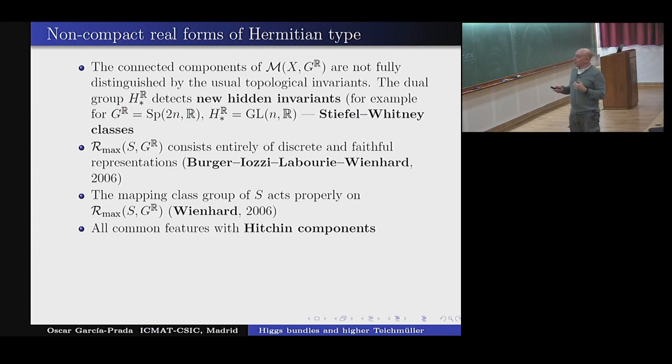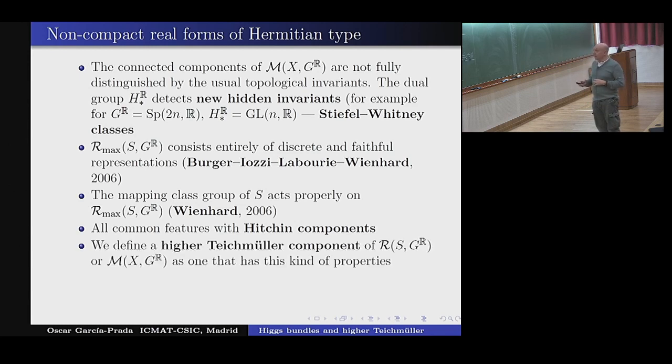And also another important property that is shared with the Hitchin components is that the mapping class group acts properly on this, right? Like in the case of the usual Teichmüller space, the mapping class group acts properly and you get the Riemann moduli space, right? So that's an important feature of this generalized component. So these all share these properties.